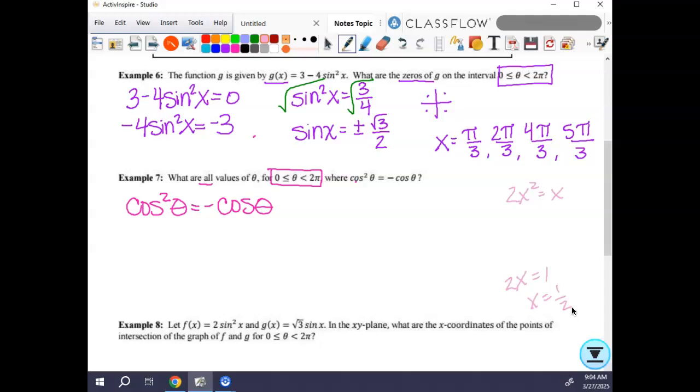But what I really need to do is move that over and get 2x squared minus x equals 0. Factor out an x, so I get 2x minus 1 equals 0. This is what that becomes, but I also have an x equals 0. So you see how when I just divide, I lose a root? Like this guy just went away. He disappeared, and we can't let him disappear because he's important.